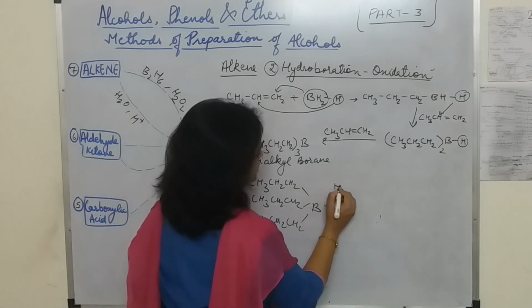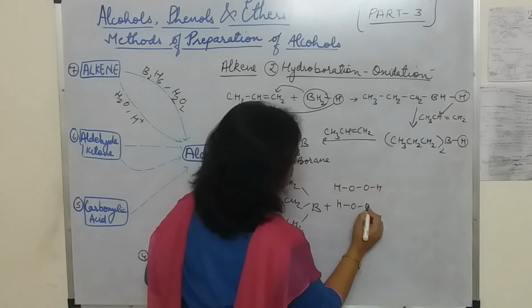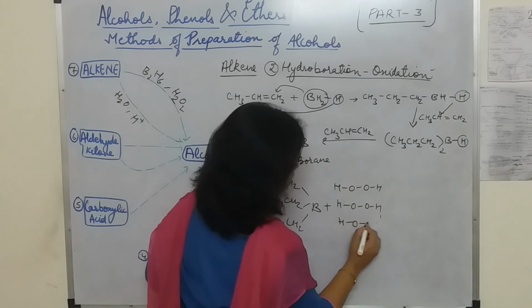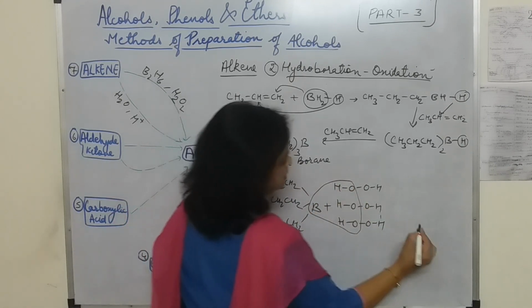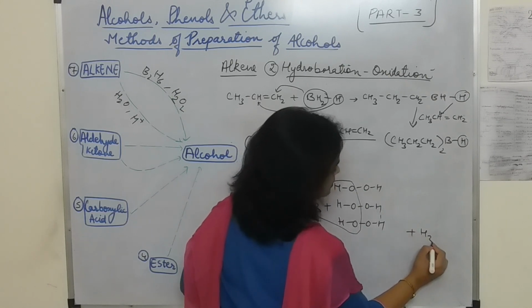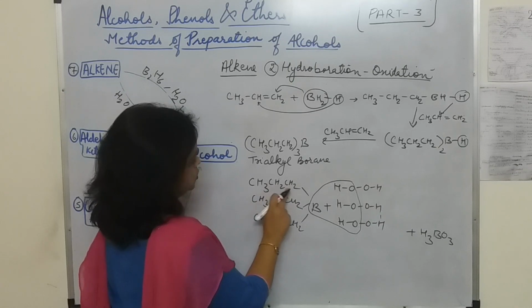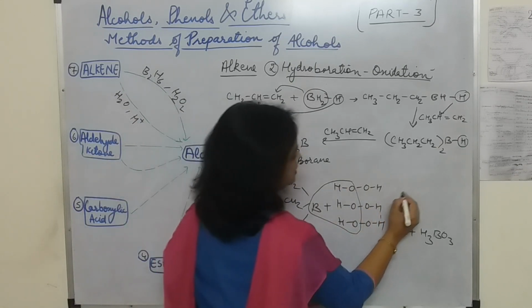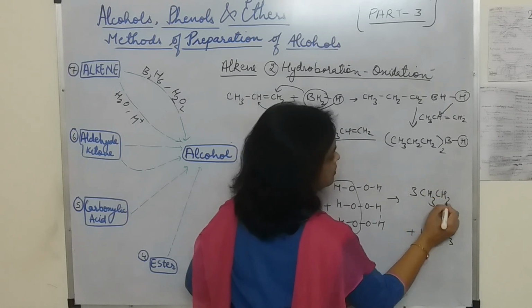When it combines with 3 molecules of hydrogen peroxide, H3BO3 will be formed as a side product. Okay, and CH3, CH2, CH2OH. So we will get 3 moles of the alcohol.